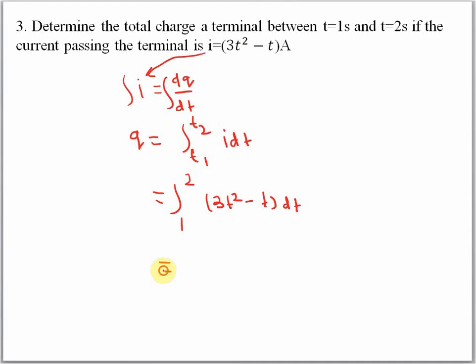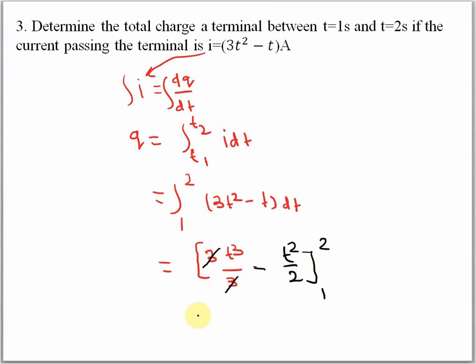and we integrate. Okay, if we integrate this one, 3t cube by 3 minus t square by 2 from 1 to 2. This 3 and 3 cancel out.